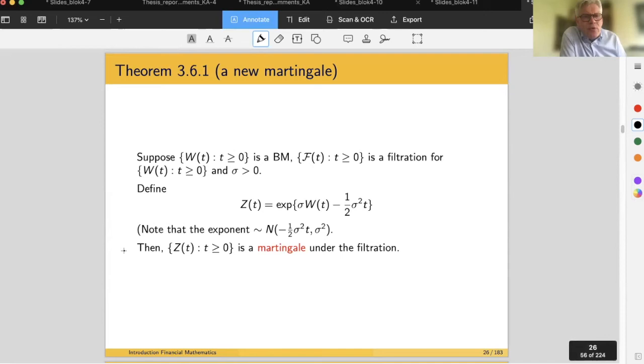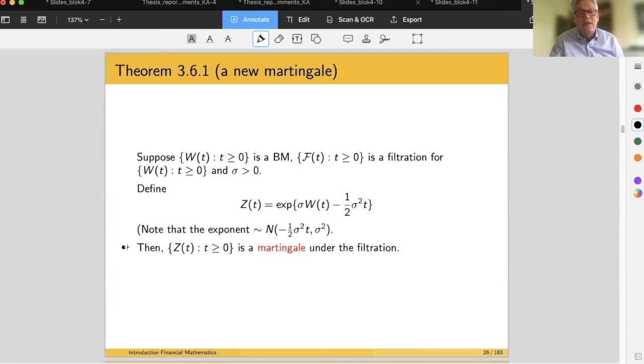Now, what we can prove in theorem 3.6.1 is that Zt, t greater than or equal to 0, is in fact a martingale under the filtration. First of all, it's Ft measurable, so the knowledge is up to time t. That is one of the aspects that we should verify.